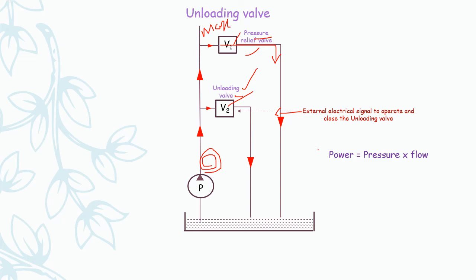So in such a case, the unloading valve is used, and it will be opened with the help of a remote signal, that is an electrical signal. Then the full flow of the pump is returned to the tank at lower pressure with minimum loss of energy. So if you use an unloading valve during no load conditions, the loss of energy will be reduced.